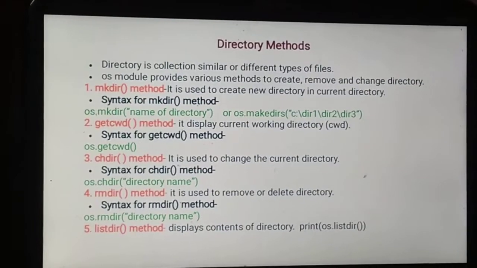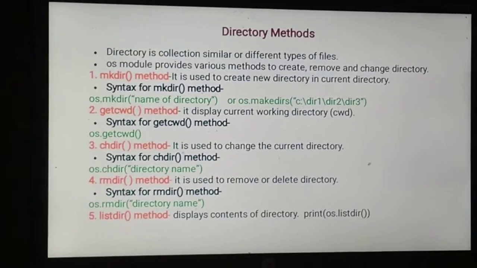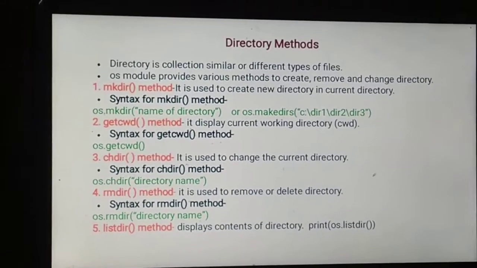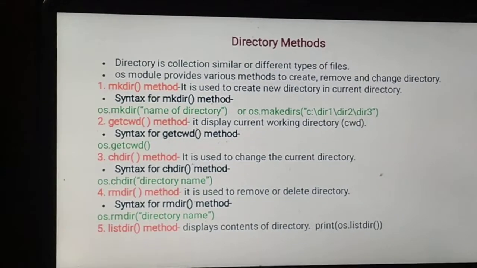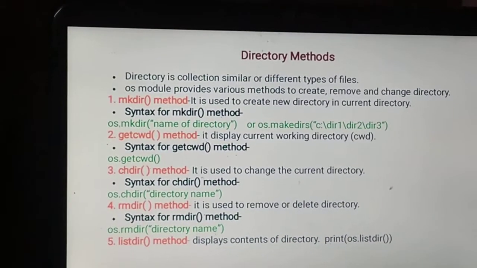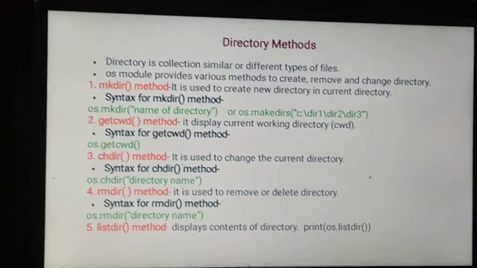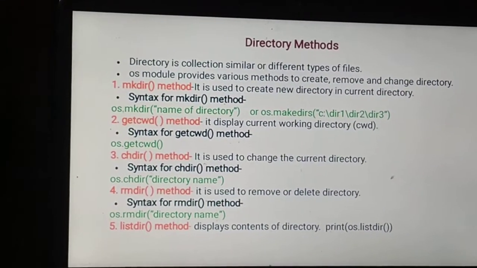The next method is rmdir. rmdir, as the name suggests, stands for remove directory. The rmdir method is used to remove the directory which is passed as an argument. You have to make sure that before removing a directory, all the content in the directory is removed. Otherwise you can lose very important data.